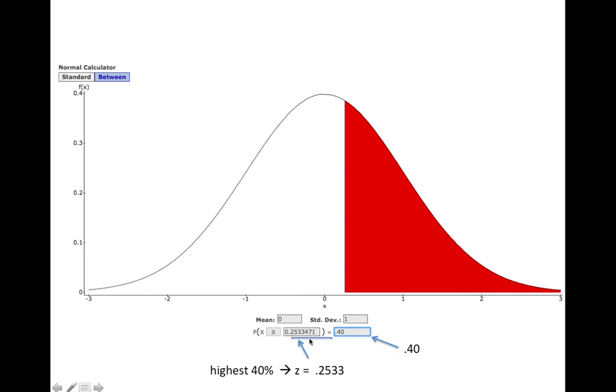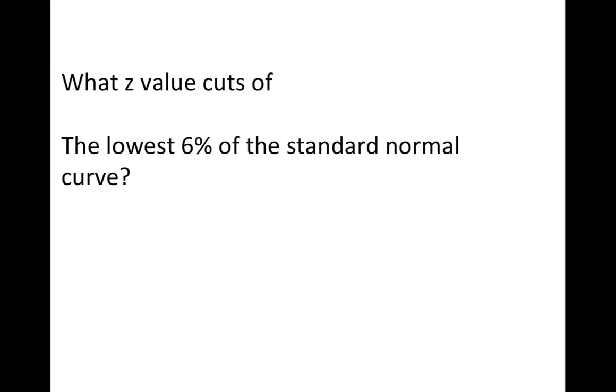And now, instead of supplying a z-score, we're going to supply an area. We want the area above z to be 0.4. So we put in the 0.4, and it reports back that the z-score is going to be 0.2533. So we're basically working the process backwards here, supplying the area, finding the z-score.